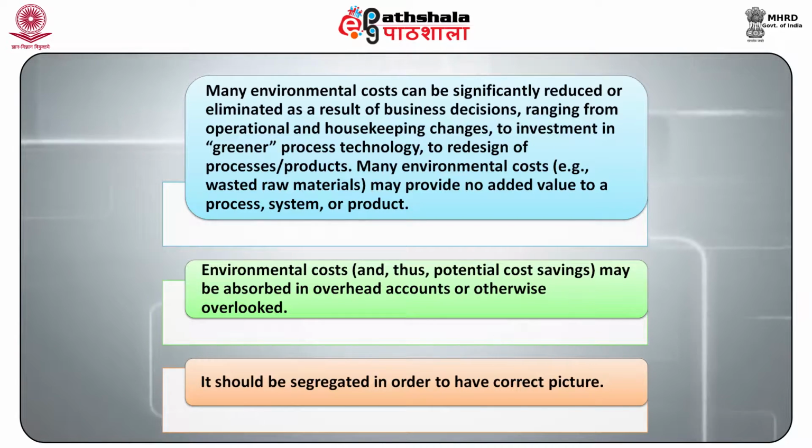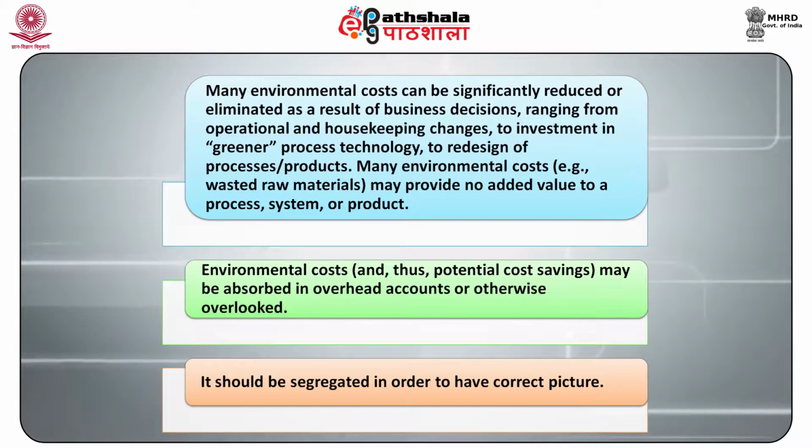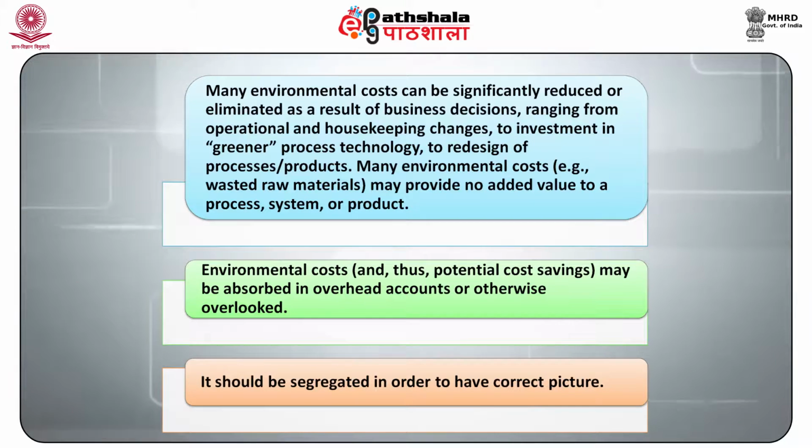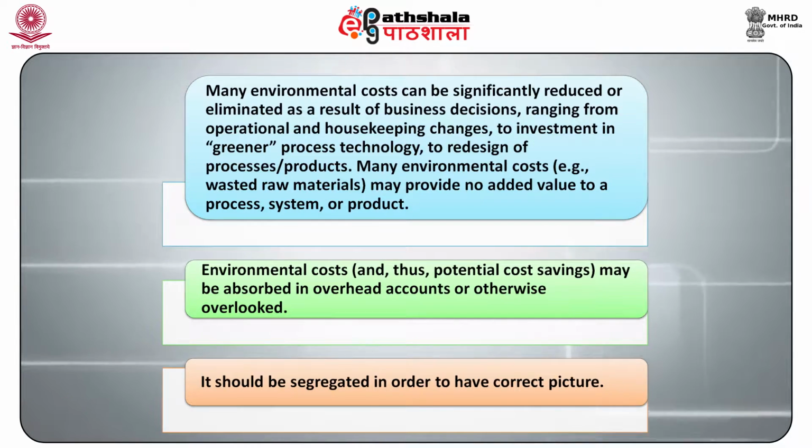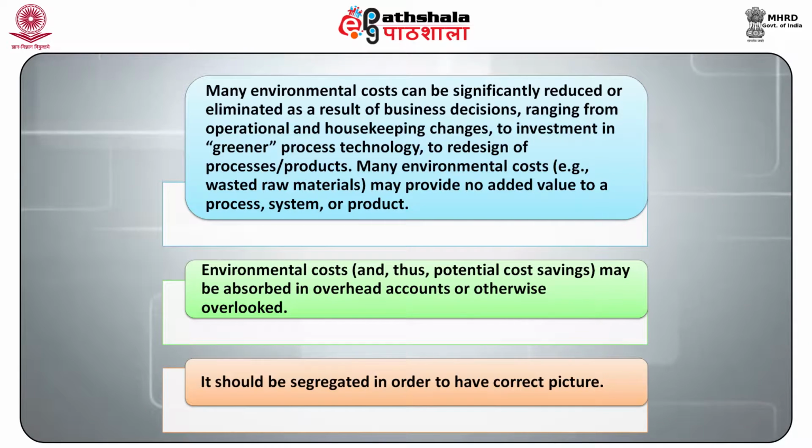Many environmental costs such as wasted raw material may provide or add no value to the process, system or product. Number 2. Environmental costs may be absorbed in overheads, accounts or otherwise overlooked.